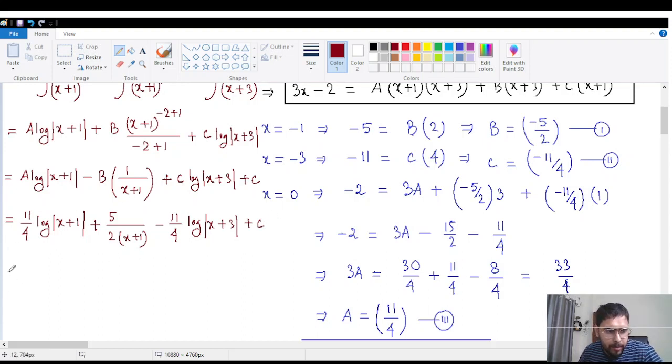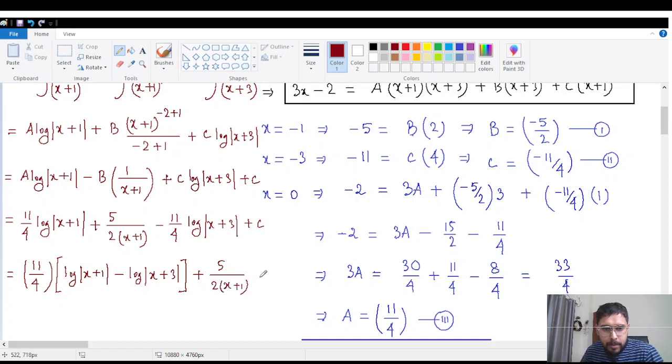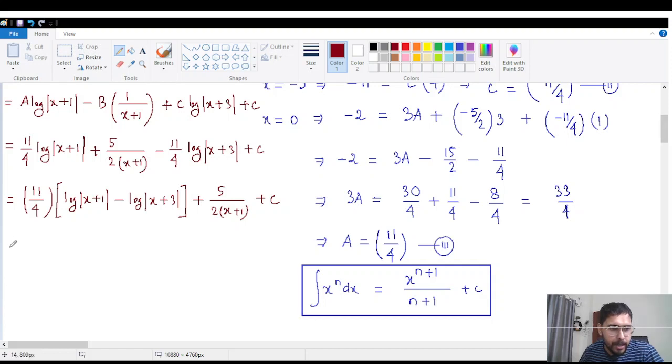We can simplify even more. Let's say if I take 11 by 4 as common, you can write here logarithm of x plus 1 minus logarithm of x plus 3, and then the rest, 5 by 2 times x plus 1, plus c. So finally what we get is, so see, log of m minus log of n is log of m by n.